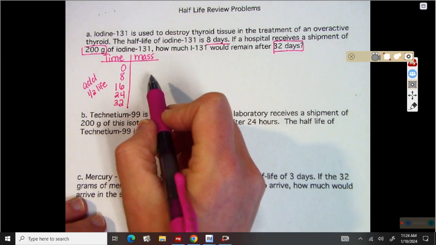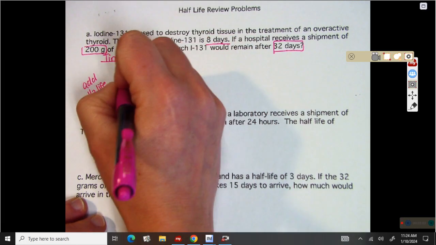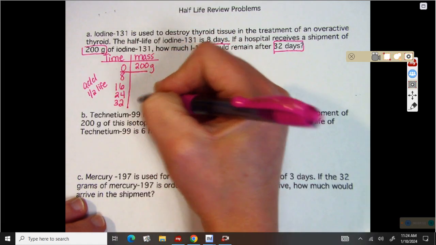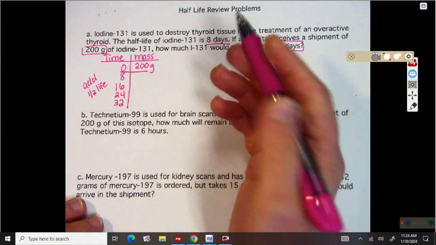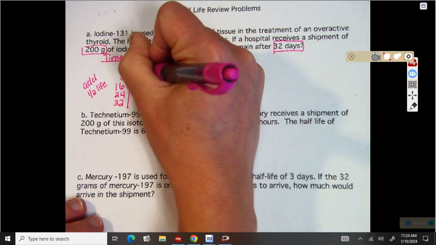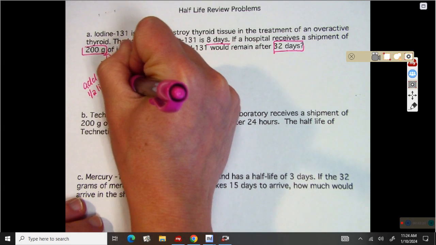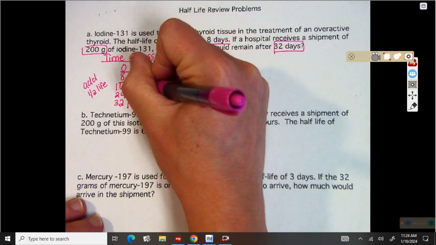On this side, we take our starting mass, which is 200 grams, and it is very important that you line them up. And we are going to divide by 2 because every time there is a half-life, half of our sample decays. So after one half-life, 8 days, we have 100 grams left. After 2 half-lives, 16 days, we have 50 grams left.